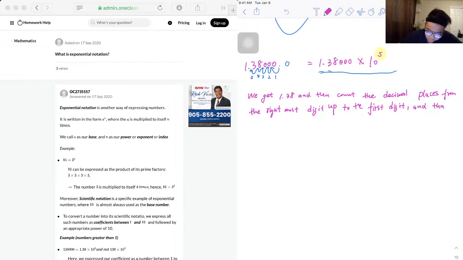And that will be the exponent of our base 10.